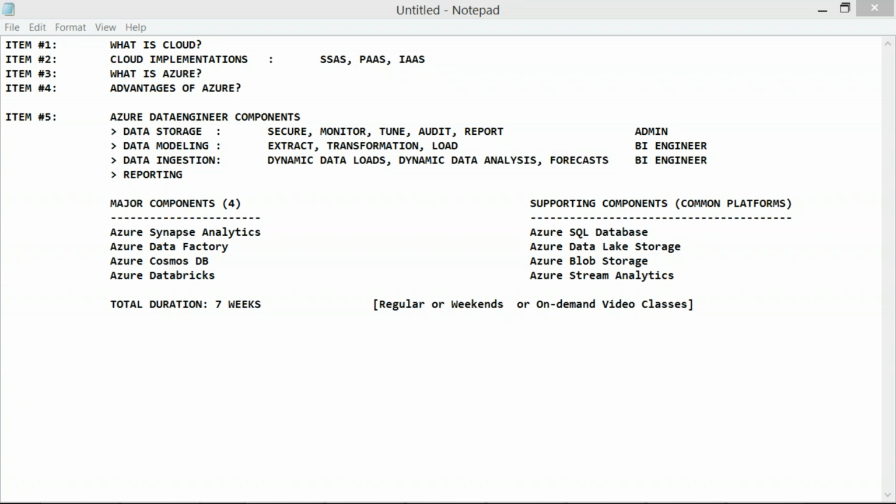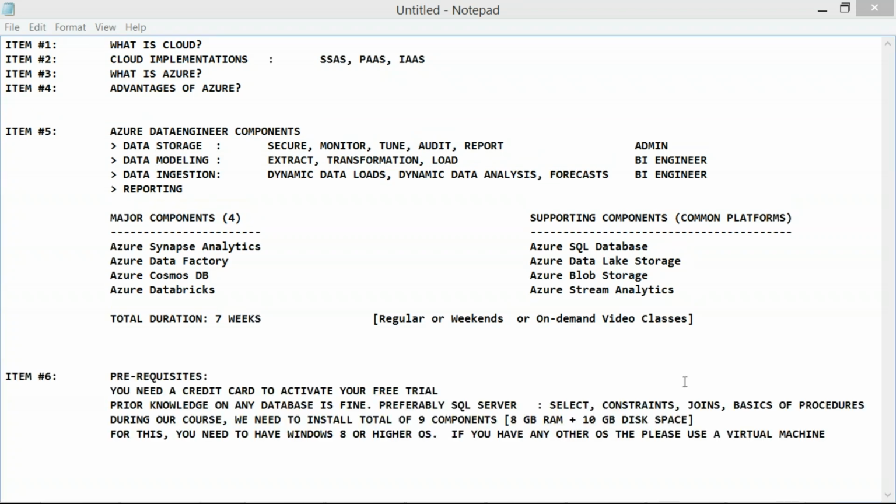The prerequisites for this course. As I was mentioning a few minutes back, it is good to have prior knowledge of SQL Server. Which knowledge you require is on my screen.